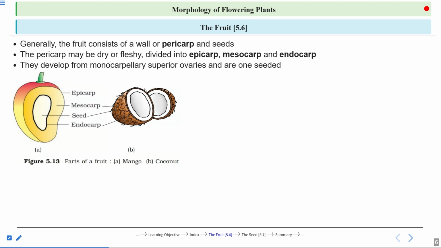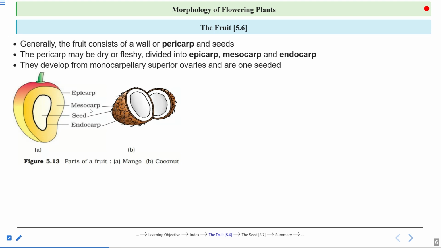Coming back, you know what is pericarp in the coconut? The smooth green covering when the coconut is in raw form. And when you take out that cover, you see this brown fibrous, hair-like structure that we call fibers. And that is the mesocarp.